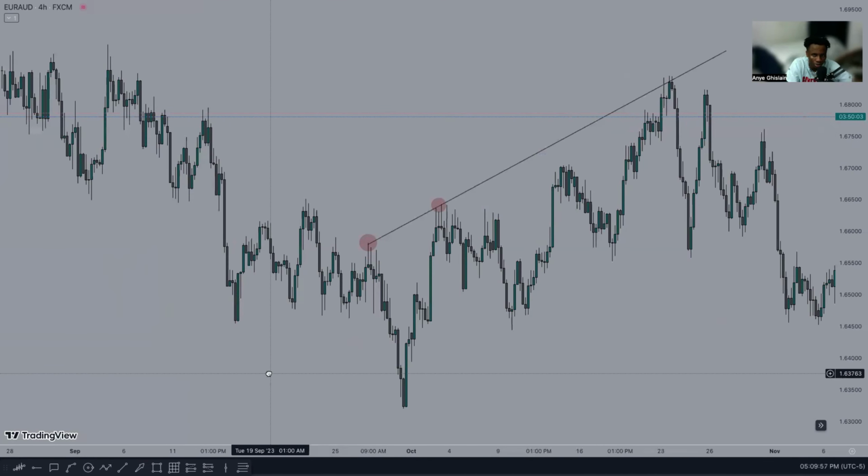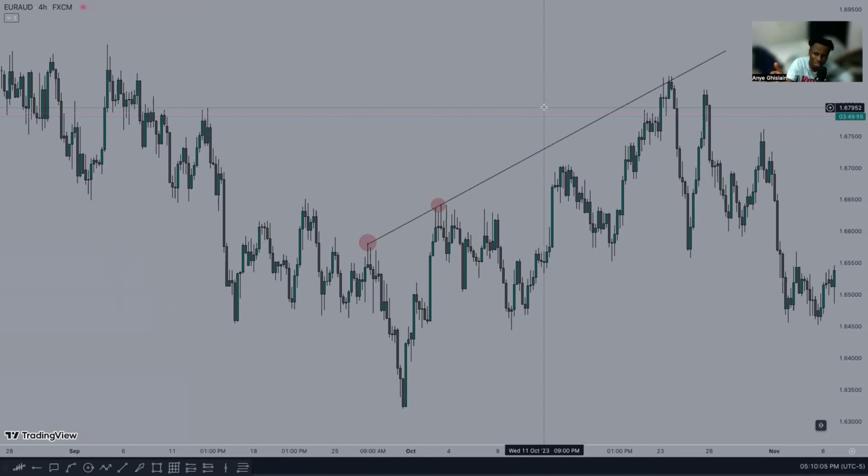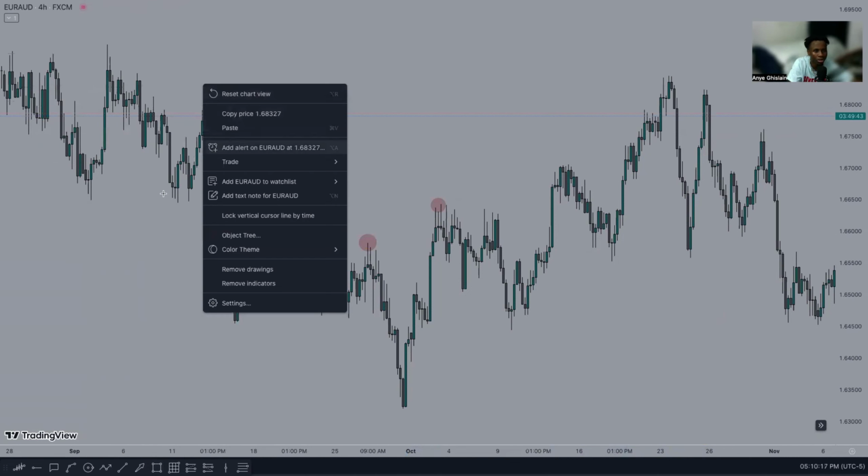Now, if we look across, is there any resistance area that we can plot, that if this trend line was not existing, we would normally treat as resistance? If we don't have a trend line, are we normally going to trade this? Let's say this is our resistance here. Price has come here once, twice, all of this area.